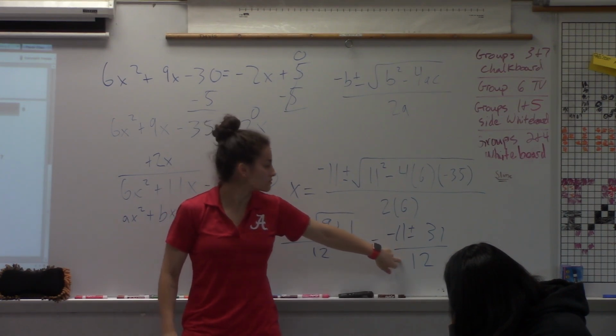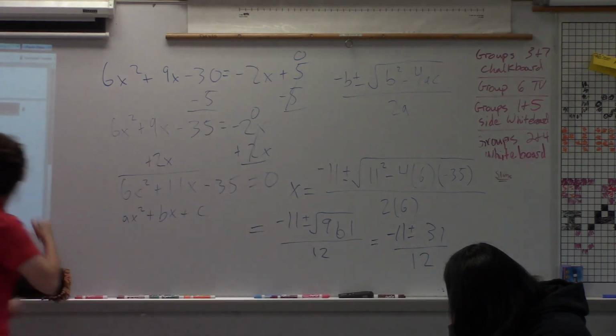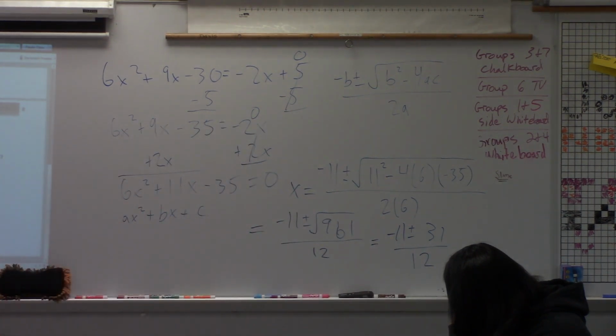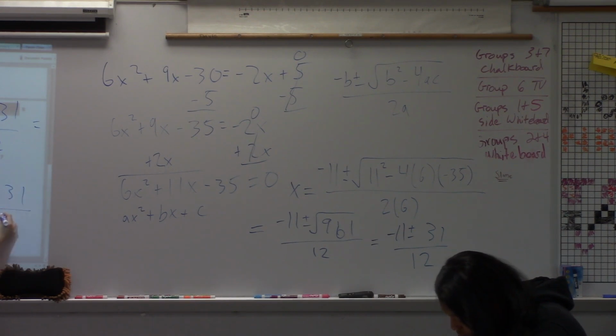So let's try both of these in the calculator and separate them to solve. So negative 11 minus 31 divided by 12. You'll put that in the calculator. And then we also have negative 11 plus 31 divided by 12.